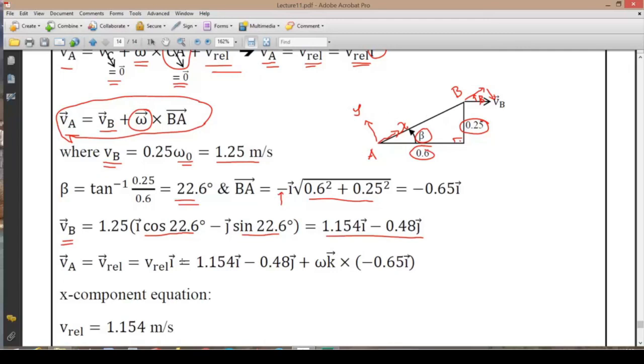Now we have enough information to relate these two. Velocity of A was calculated as V relative, which is something we don't know, and then there's our information about the velocity of A calculated with respect to velocity of B. Velocity of B is first calculated. That information appears right over here. Then this is the extra term omega K cross product BA vector.